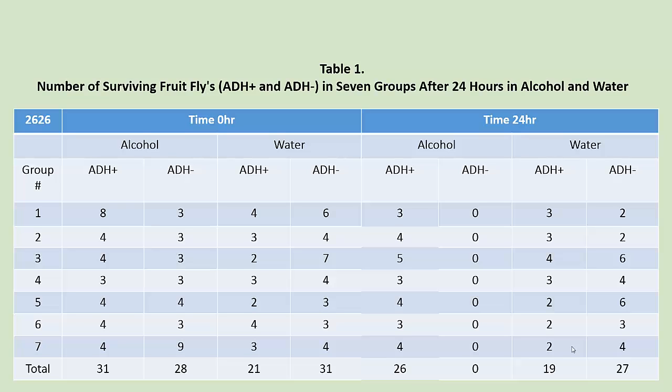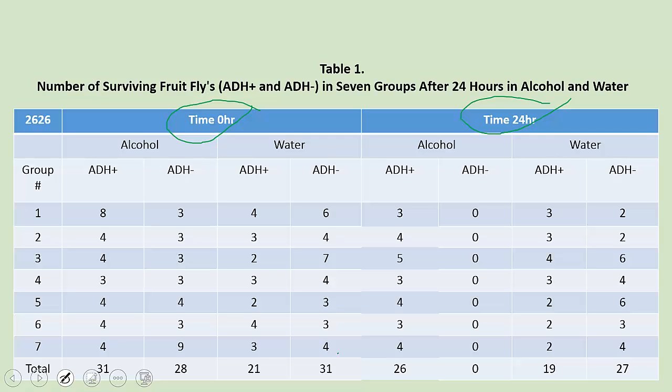Here's a table representing the class data at our starting time and after 24 hours. At the starting time, we started with 31 and 28 ADH plus and negative flies in alcohol, and in water we had 21 ADH plus and 31 ADH negative flies.